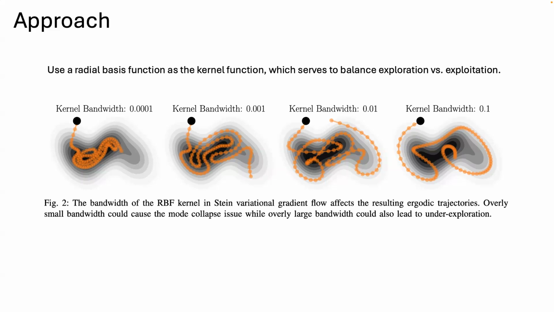Does this method extend to parameterizing the kernel and having that also be an optimization? I haven't seen any work that does that. Oh, okay.